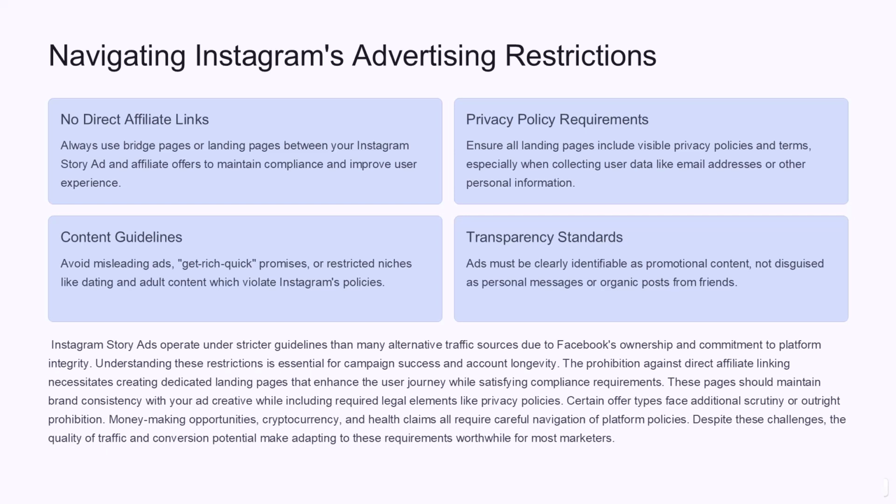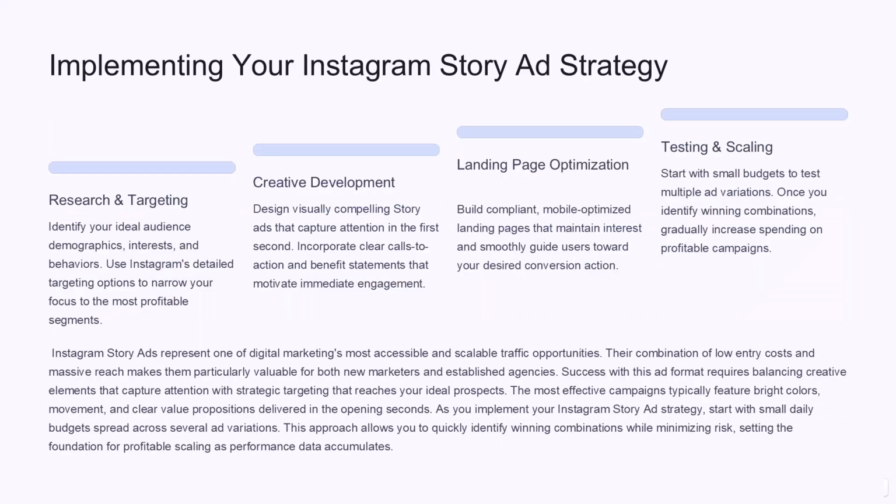Compliance with privacy policies: your landing pages need to have privacy policies and terms and conditions visible at the bottom, especially if you're collecting user data, such as with emails. This is important for staying compliant with Instagram's advertising guidelines. Non-misleading ads: Instagram has strict rules about what kind of offers you can promote.